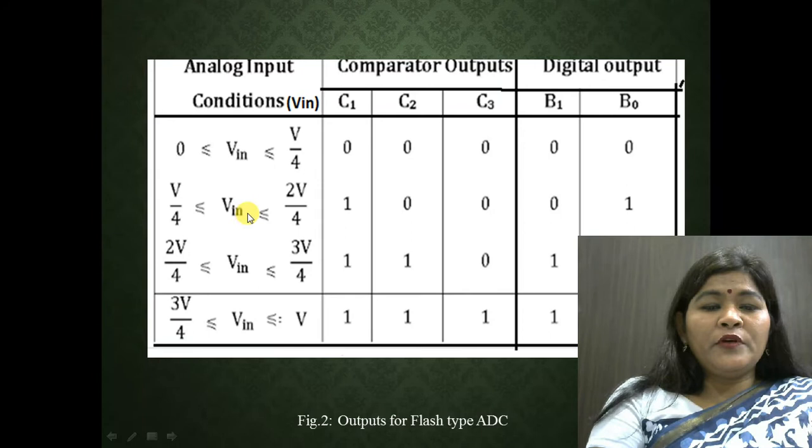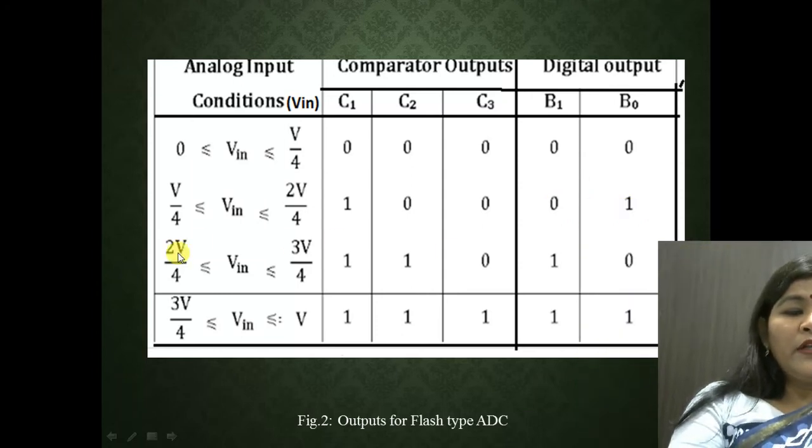Now if the input voltage V in of the comparator is between V by 4 and 2V by 4, that is V by 2, then the comparator output will be 1 0 0, and the digital output will be 0 1.